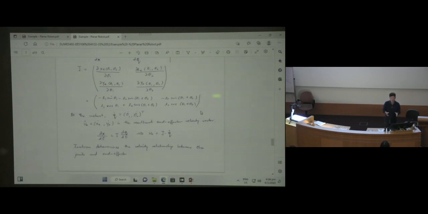This is a planar robot, and in this case you have two joints, joint 1 and joint 2, and essentially a linear motion, because the end effector of the manipulator is holding on to a point. So I'm not considering the orientation in this case.